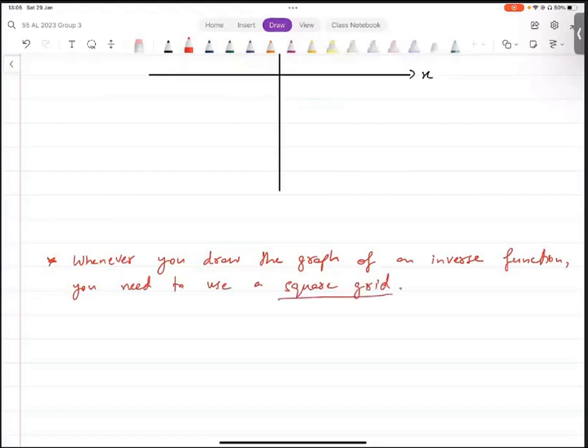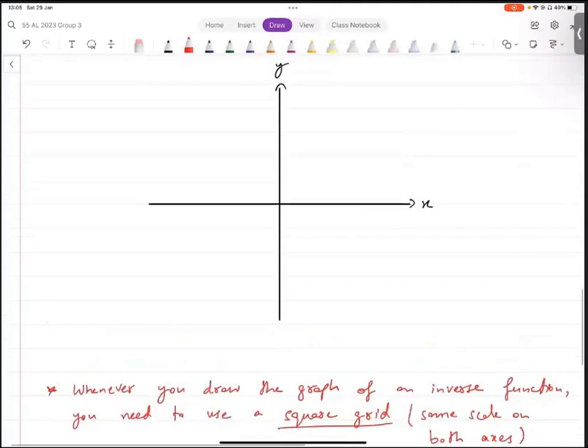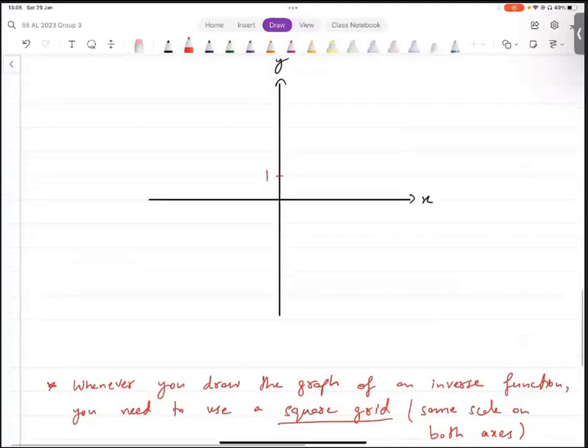Now, what does that mean? It means you need to have the same scale on both axes. The scale should be the same on both, meaning the distance that you call 1 here should be the same distance for 1 on the other side, okay? And you'll realize the reason for that in a moment.